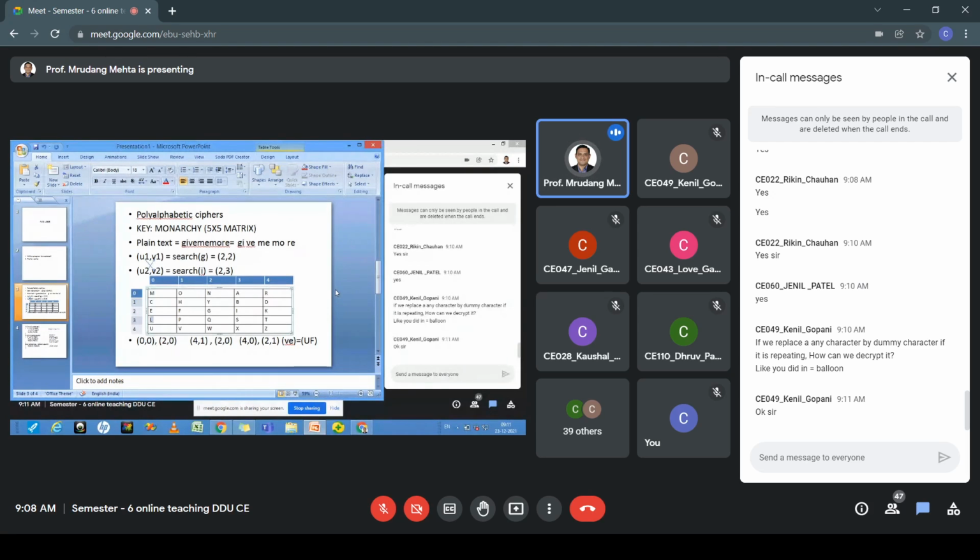So E is encrypted with F and E is encrypted with L. That is polyalphabetic. Understood?